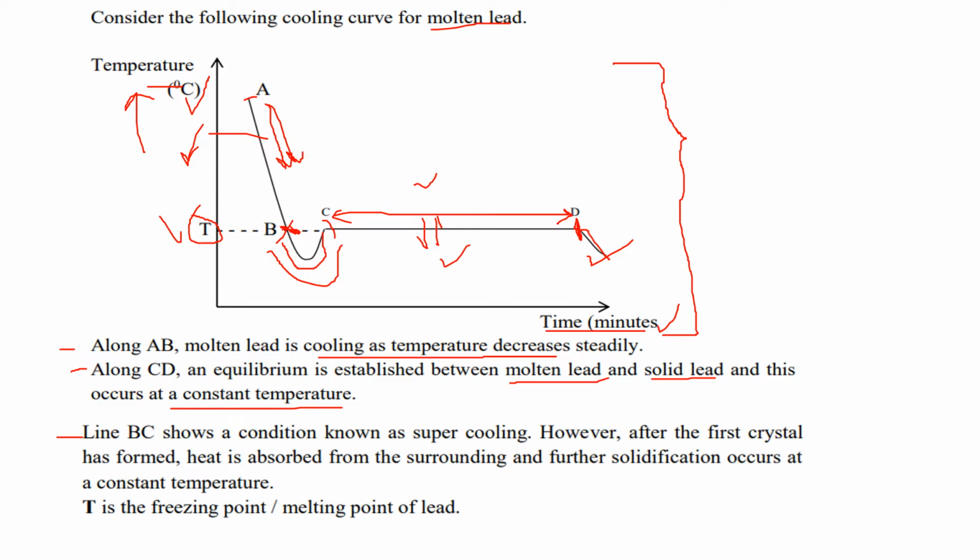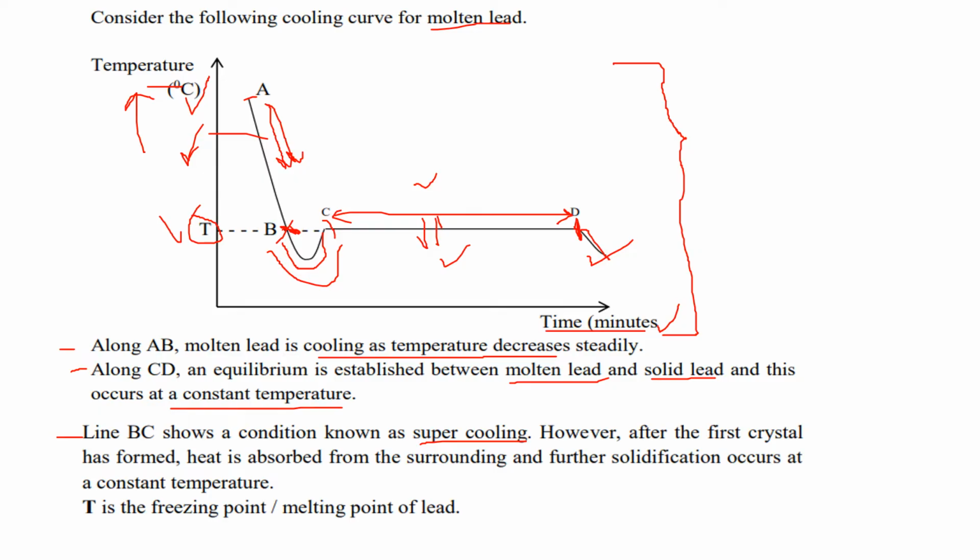So we are saying that line BC shows a condition known as supercooling, which you already defined. That's why I'm telling you that supercooling only happens to pure components of a substance. With a mixture, don't put this curve anywhere, because it doesn't exist.